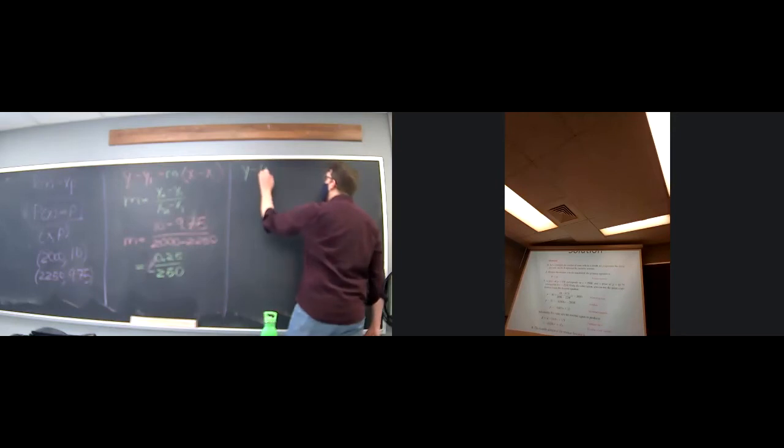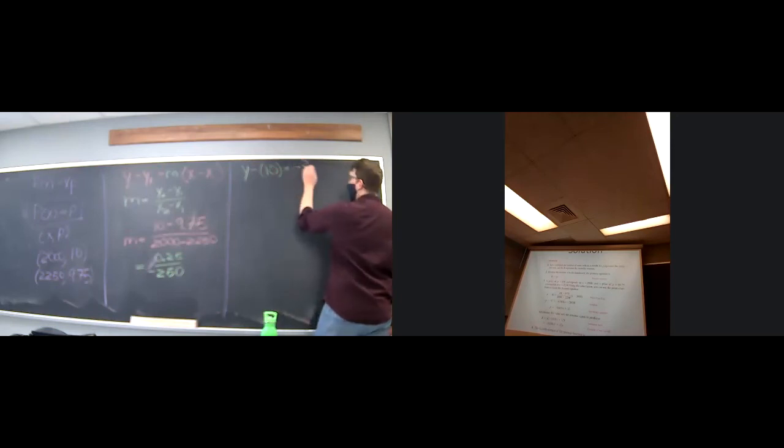10 is a nice round number, so let's use that. It is equal to negative 0.25 divided by 250 times x minus the associated x value, which is 2000.